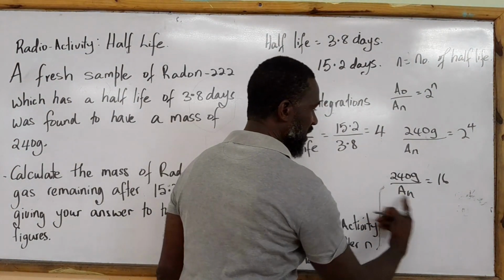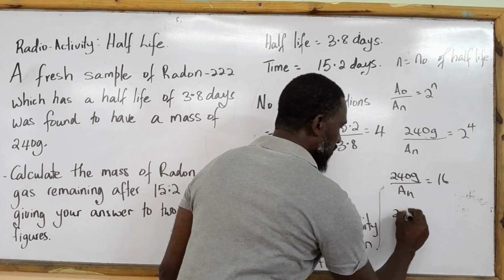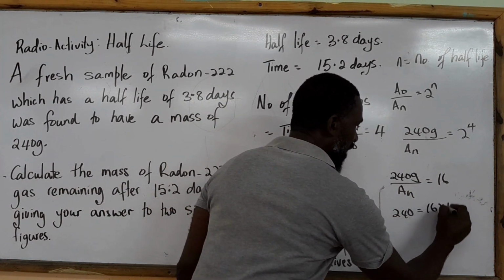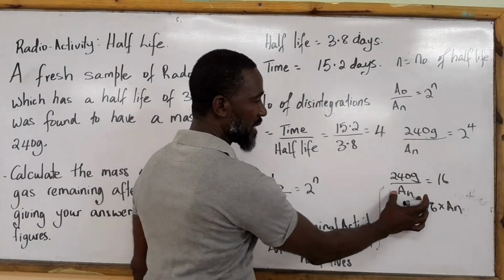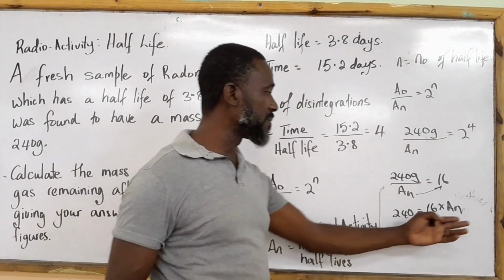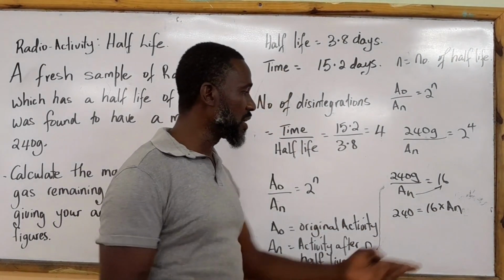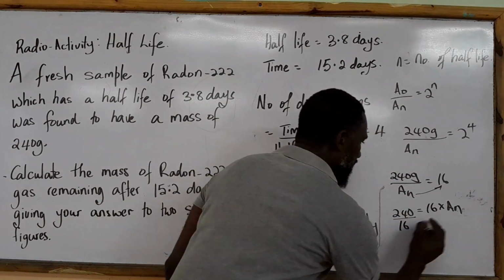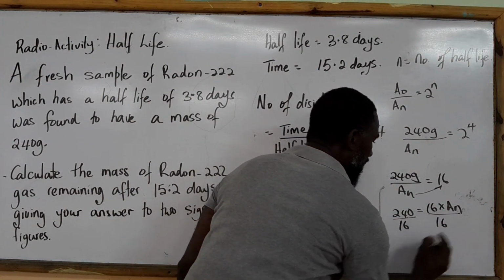Just transposing the formula for An, we have 240 is equal to 16 times An. An is dividing over here, so when it goes across, it goes across as multiply. In order to make An the subject, we divide both sides by 16.